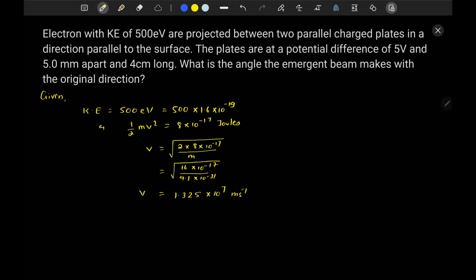So this is the velocity of electron with which the electron will enter between the two plates.